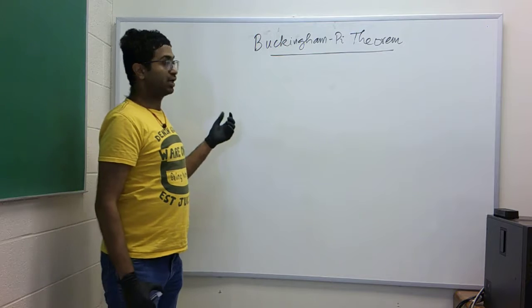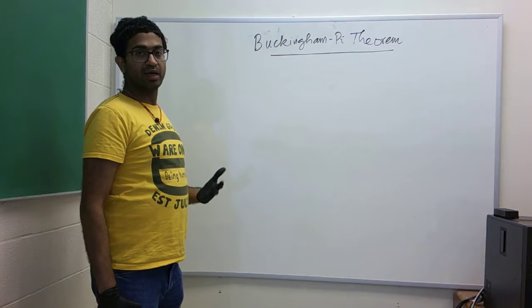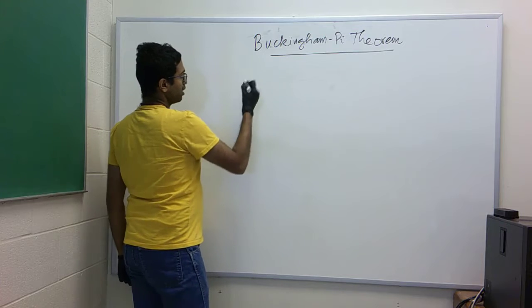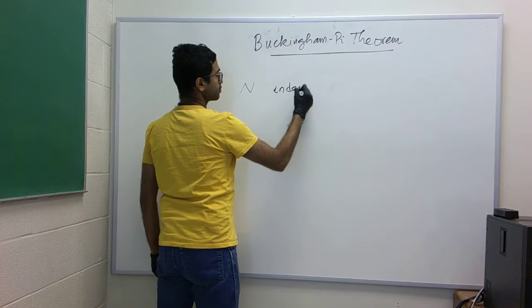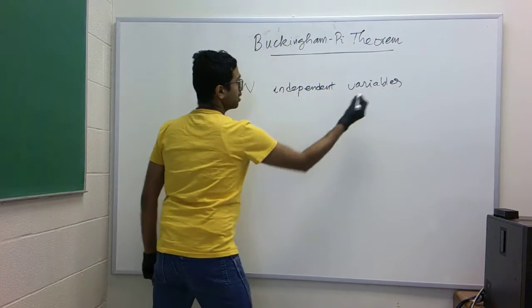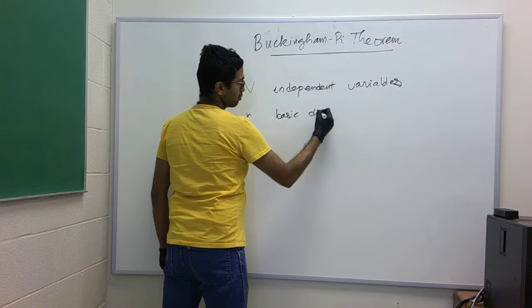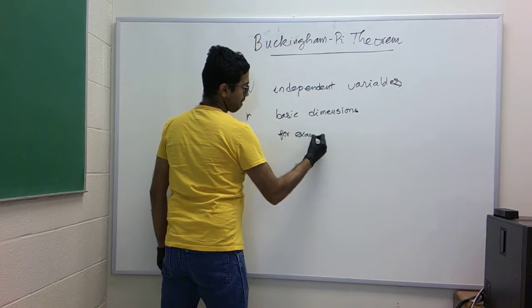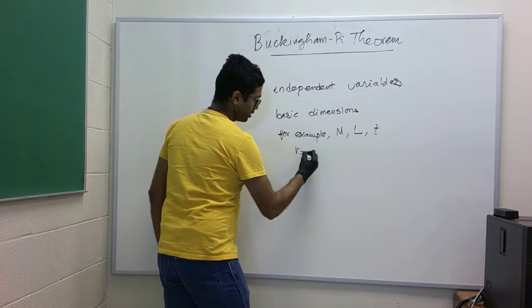Let's continue our discussion of dimensional analysis with the Buckingham pi theorem, which is pretty much a formalization of the example or the concepts that we saw in the previous video. I told you that if there are n independent variables and there are r basic dimensions, for example mass, length and time, that would make r equals 3.